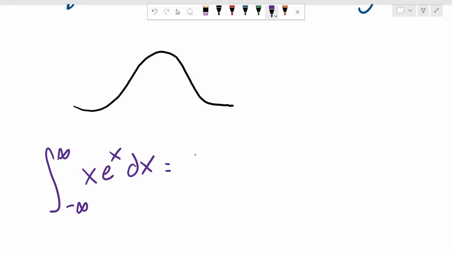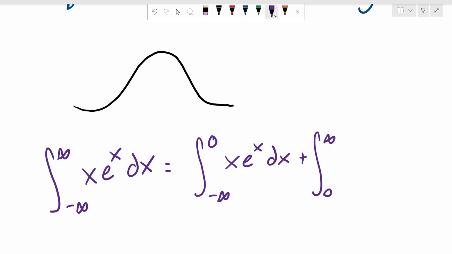So in general, rather than doing it as one big integral and taking two limits, it's usually better to break it up into two different integrals. So the typical way we like to do this is by integrating from negative infinity to 0 of x e to the x dx, and then integrating from 0 to infinity of x e to the x dx.